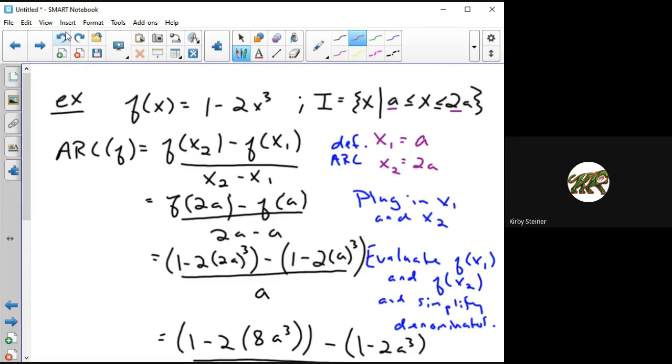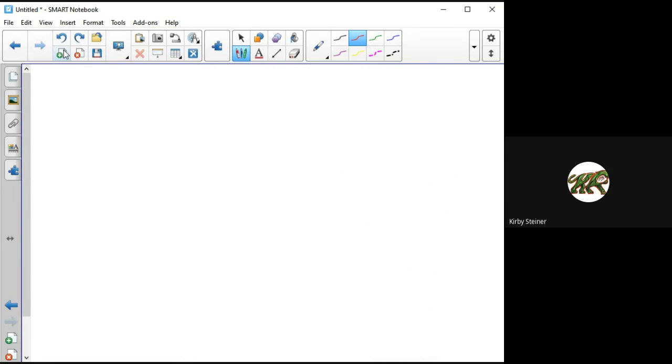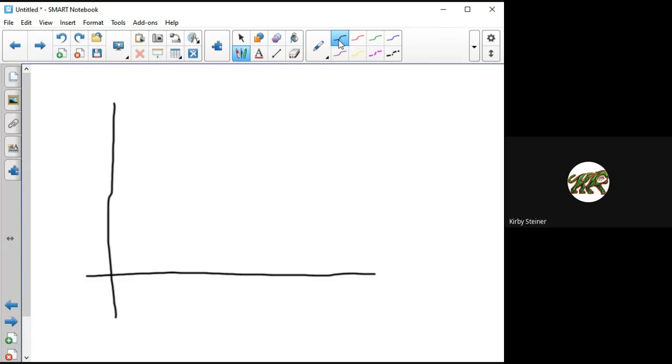Let's look at this notion of a difference quotient now, and take a little peek into the world of calculus. Remember, let's bring back our graph of what was going on.